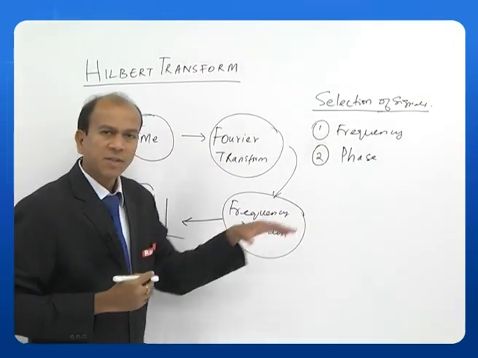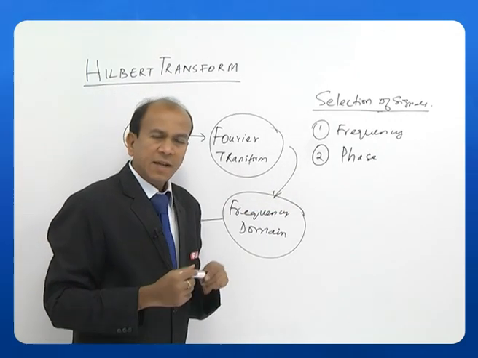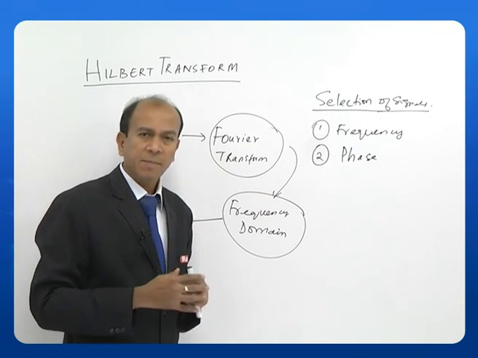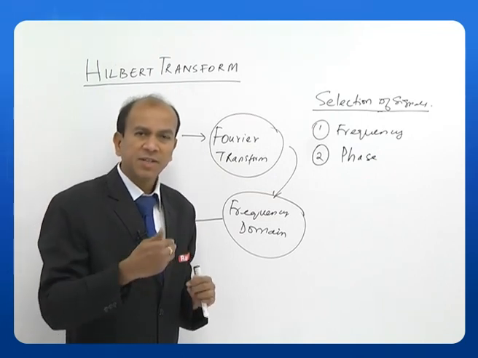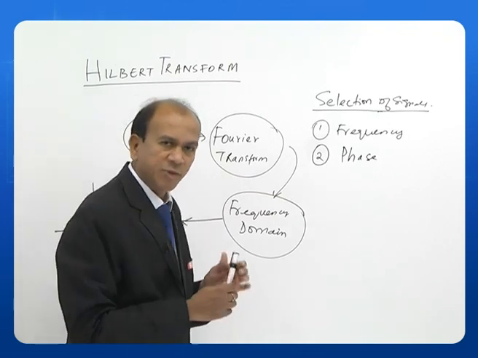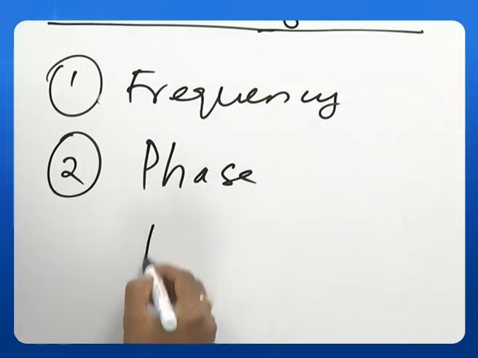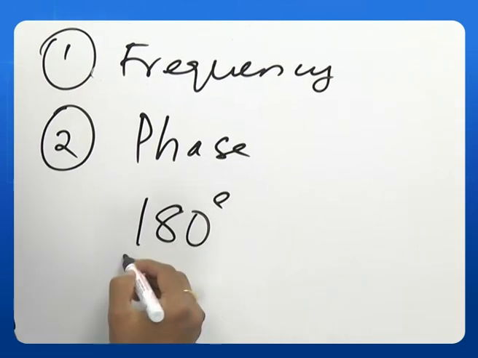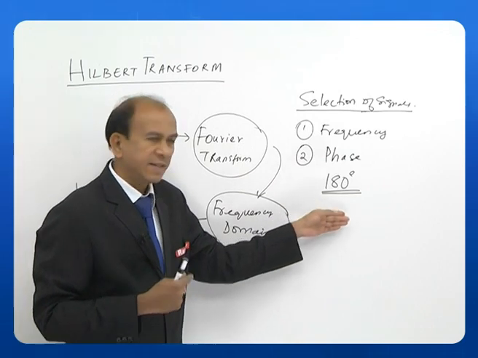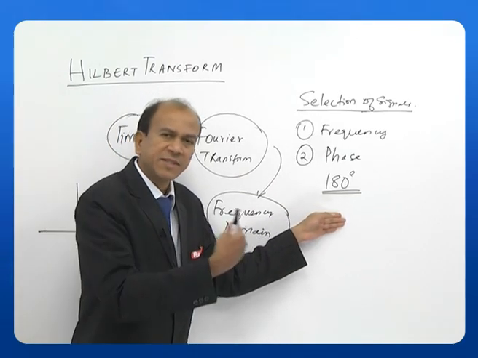That means I can distinguish the different components of a signal by phase. Suppose each and every component is shifted by a certain phase, let us say 180 degrees, which is very common. That means all components of the signal are shifted by 180 degrees, that is, there is a phase reversal.